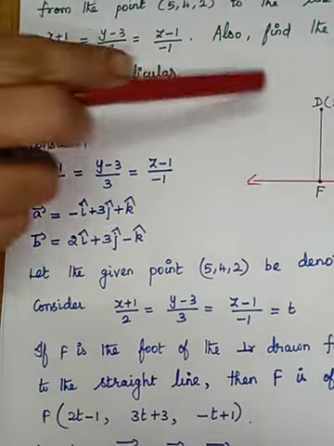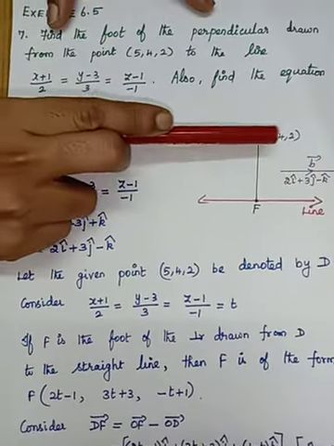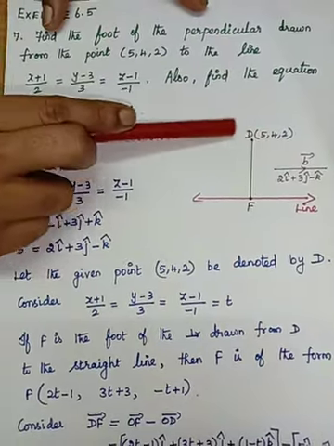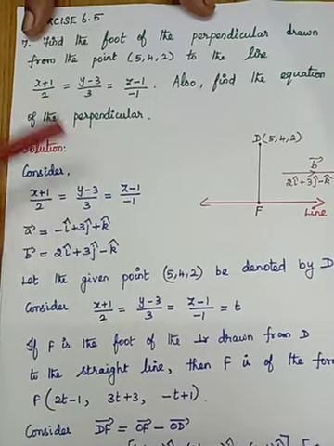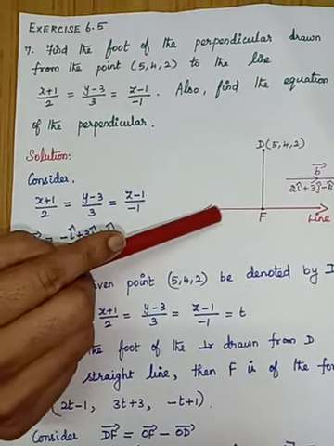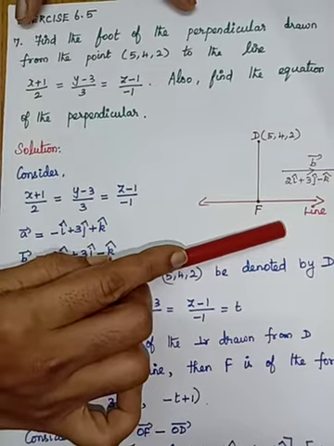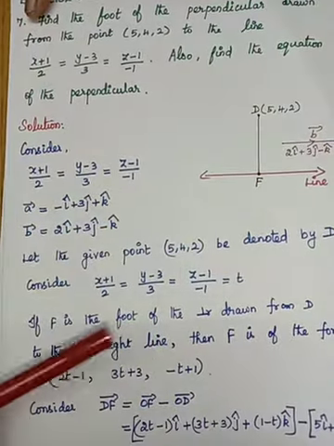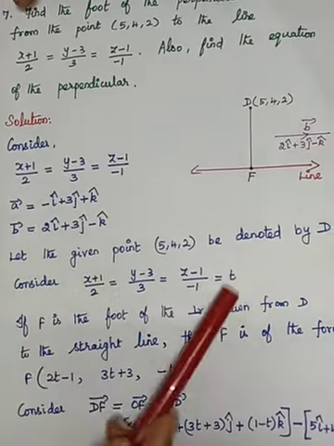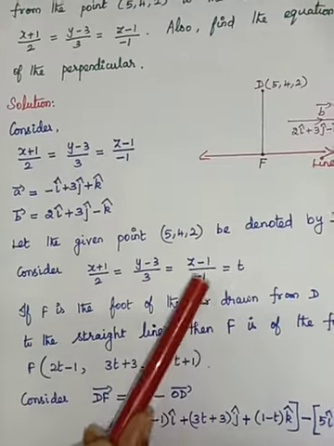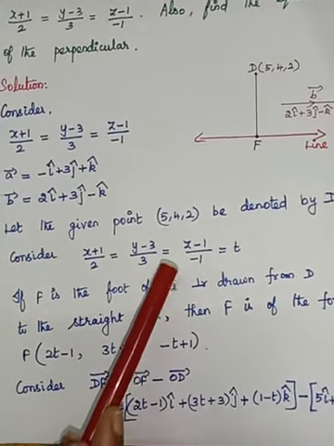The given point (5, 4, 2) I have taken as D. F is also on the given line. So I consider the line ratio equal to t, and I am going to find a point on this line.